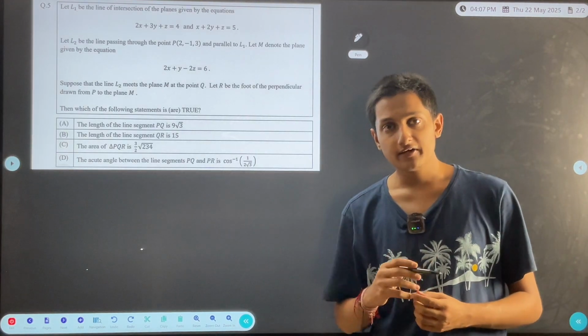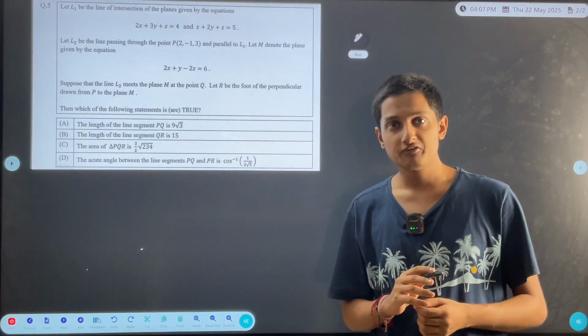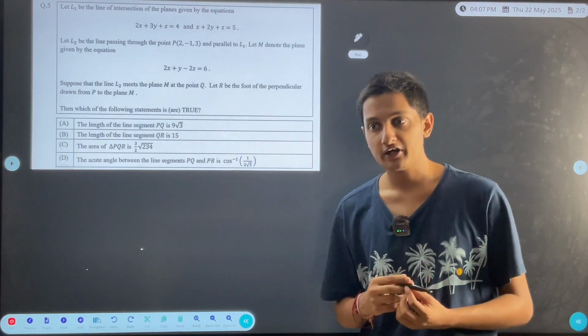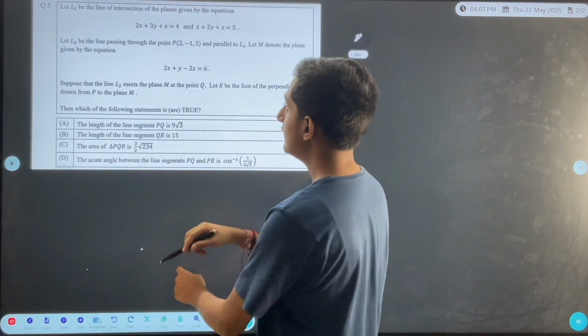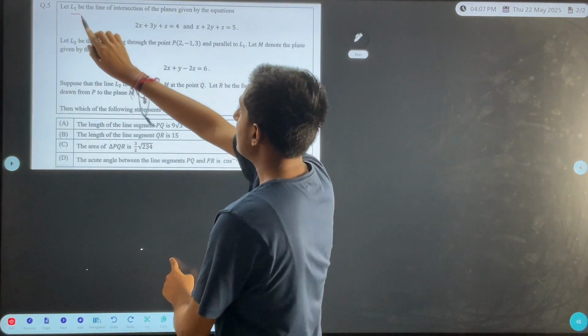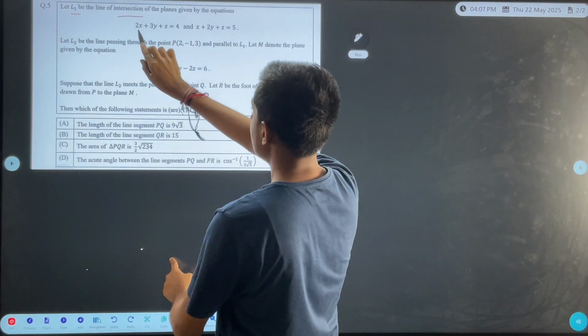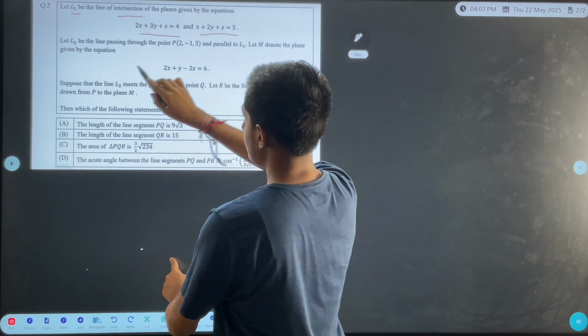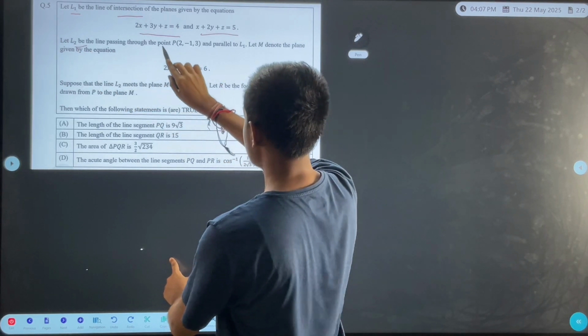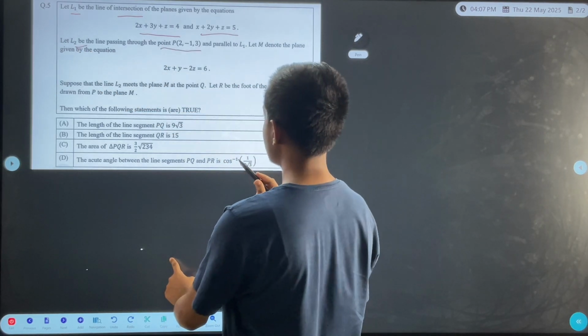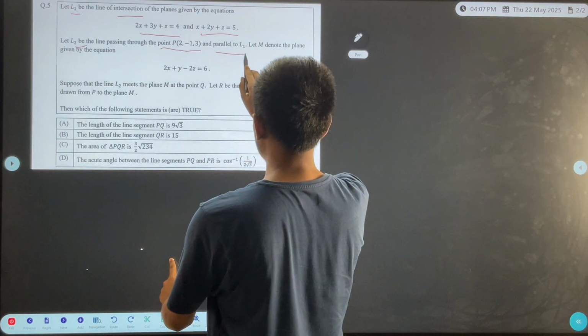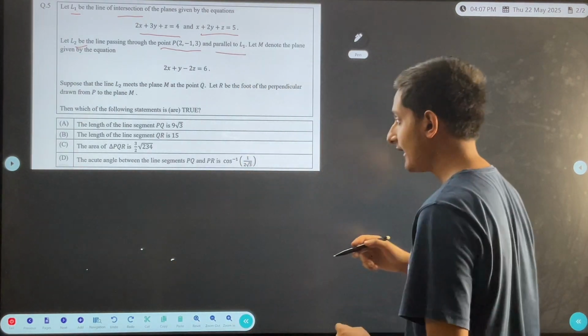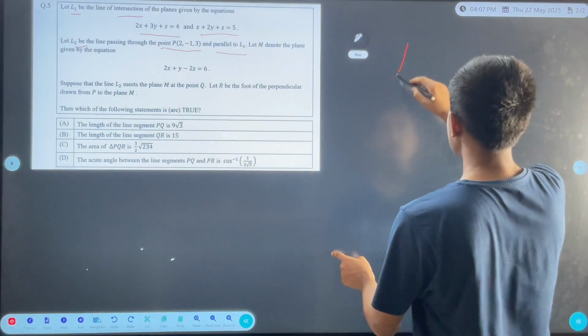Usually I find that drawing a rough diagram is the best way to approach a coordinate geometry question. So let's do this. Given line L1 is the intersection of two given planes. Line L2 passes through the point 2, minus 1, 3 and is parallel to L1. So what we already have is two planes.